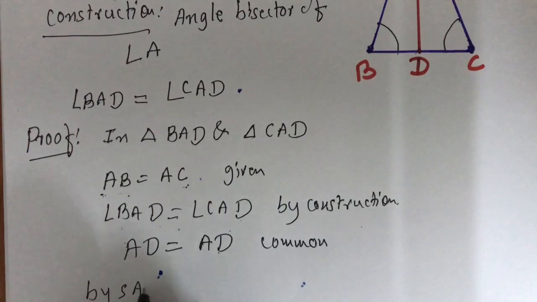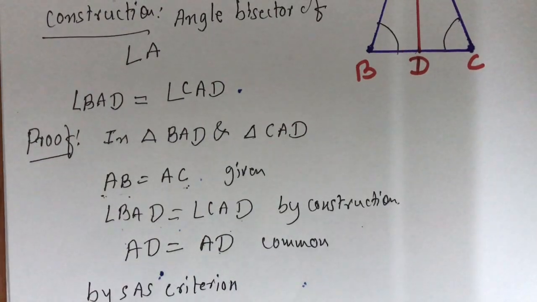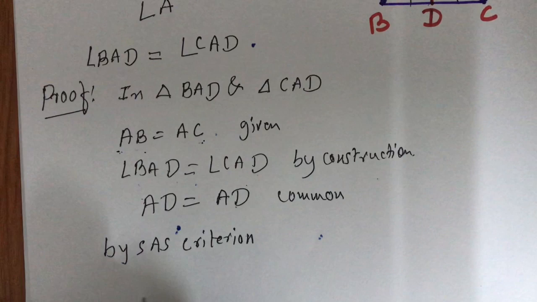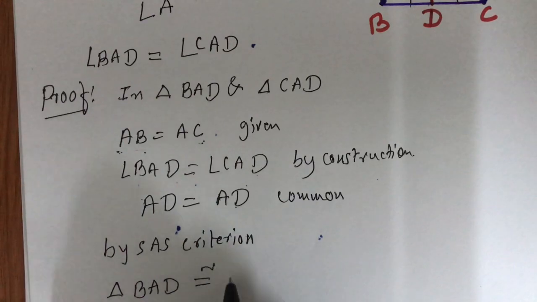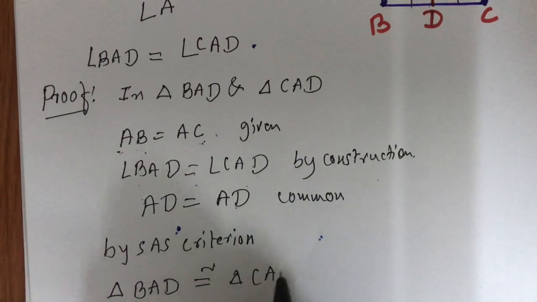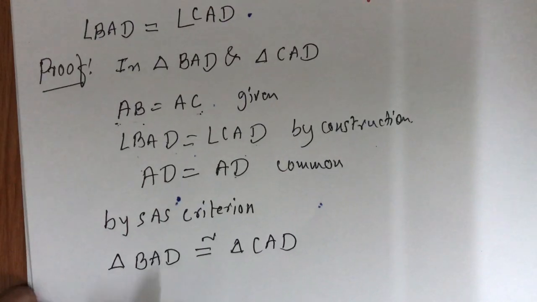By SAS criterion, triangle BAD is congruent to triangle CAD. These two triangles are congruent.